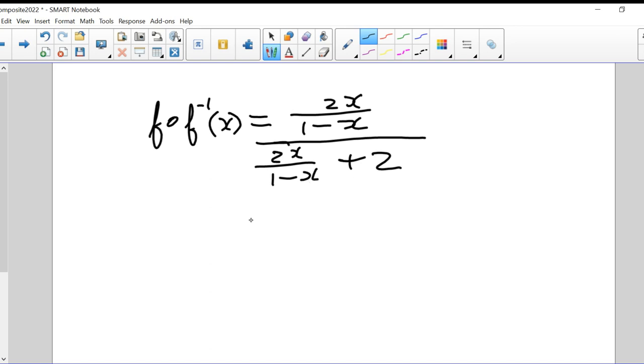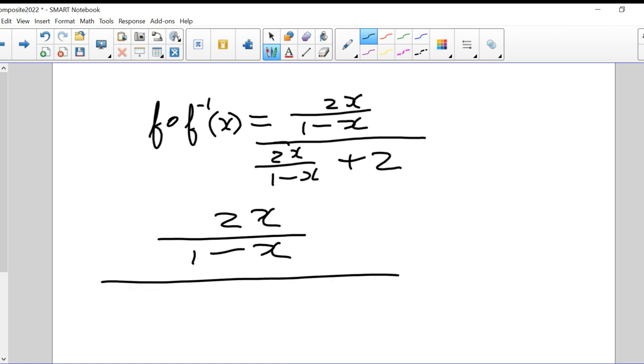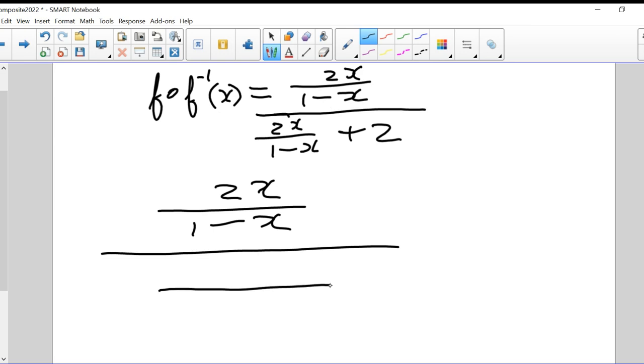So the top is going to stay as 2x over 1 minus x. But on the bottom, I'm going to create a common denominator of 1 minus x. So on top of that, I'm going to end up with 2x plus 2 times 1 minus x. I hope that makes sense to everybody.